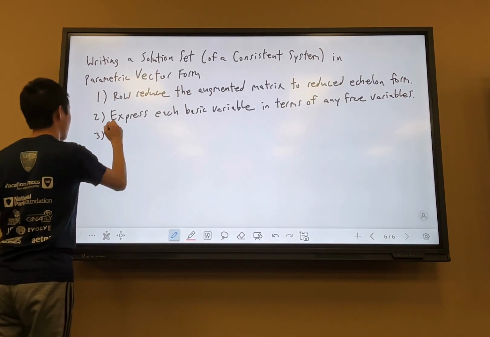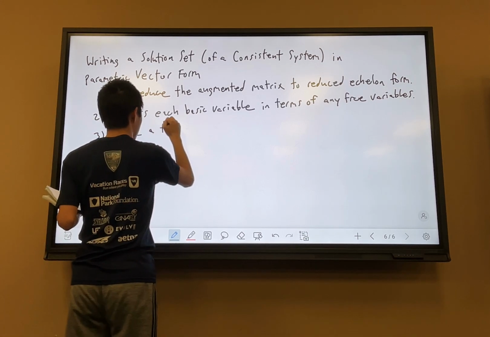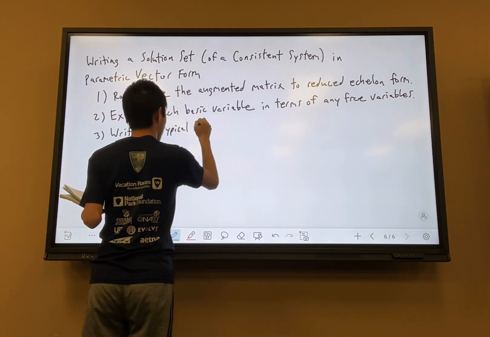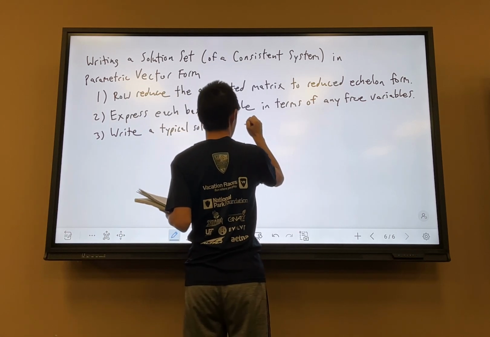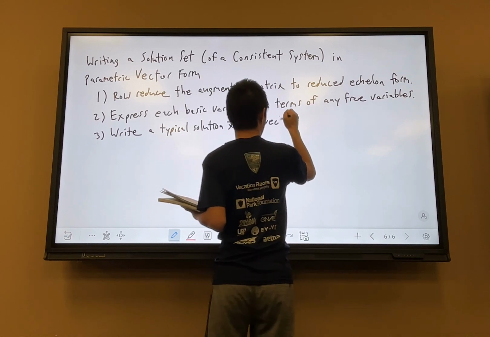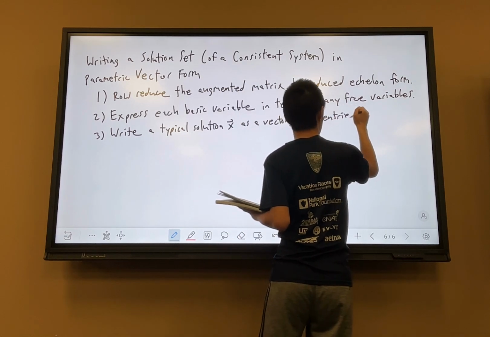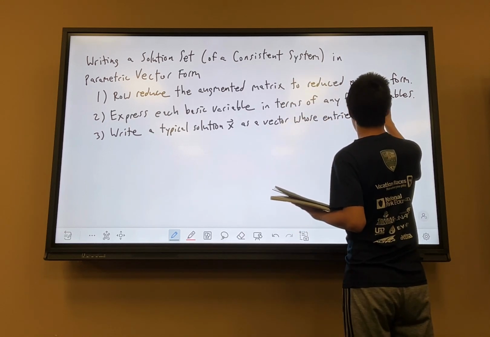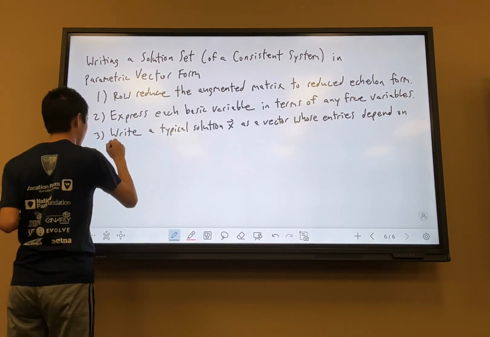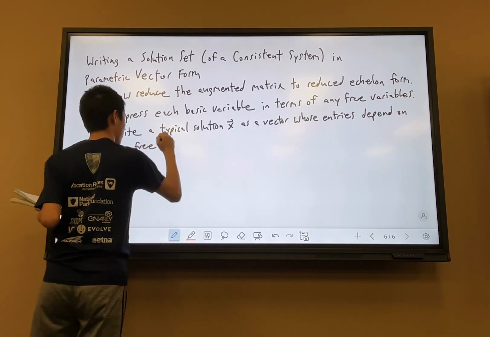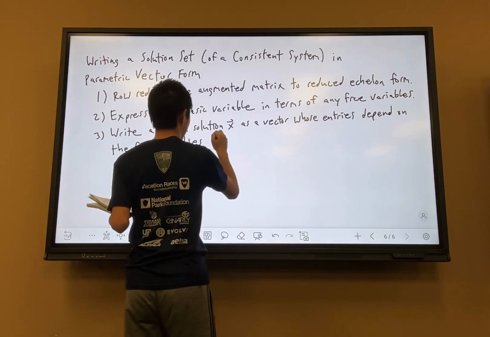Three, we then want to write a typical solution x as a vector whose entries depend on the free variables, if any, so there might not be.